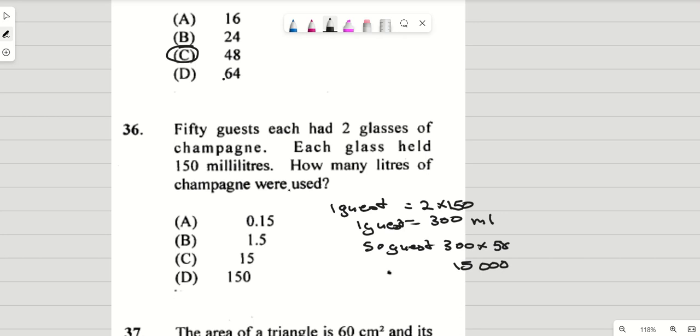They want how many liters. 1 liter is equal to 1,000 milliliters. So if 1,000 milliliters is equal to 1 liter, then 15,000 would be, let's do the if, then, and therefore method.